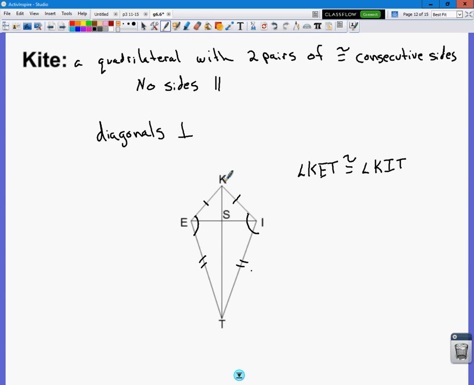Why do I know for sure that angle K and angle T won't be congruent once I know that these two are? If I know that these two angles are congruent, and I could show you why they are, why do I know for sure that angle K, which I can't call K, I'd have to call it EKI, and angle T have to be different for this to be a kite?